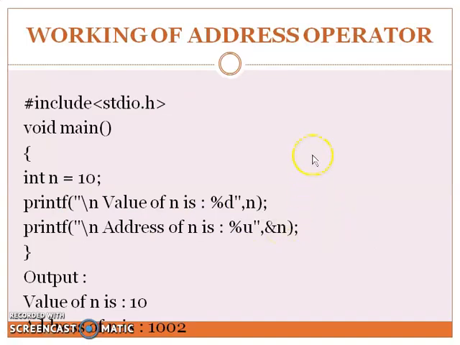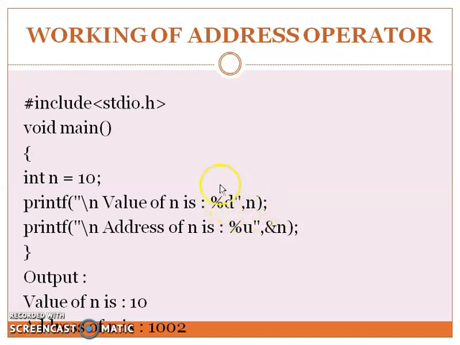So next, how the address operator works is explained with this example. Here we have one simple program. We have declared one variable of type integer n with the value assigned as 10. The next line prints the value of n by using the format string d.